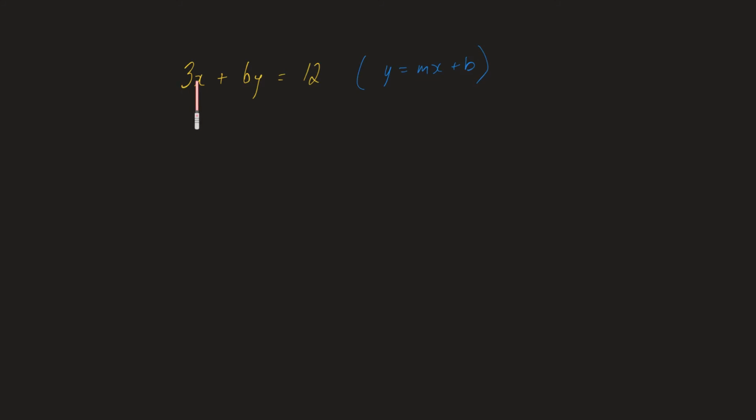To start with, this 3x I want to move to the other side, so I'll subtract 3x from both sides. That'll give me 6y equals negative 3x plus 12. To get y by itself, I need to divide both sides by 6. And that will give me y equals negative a half x plus 2.